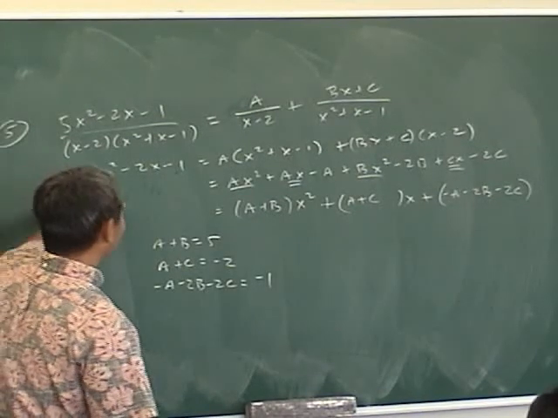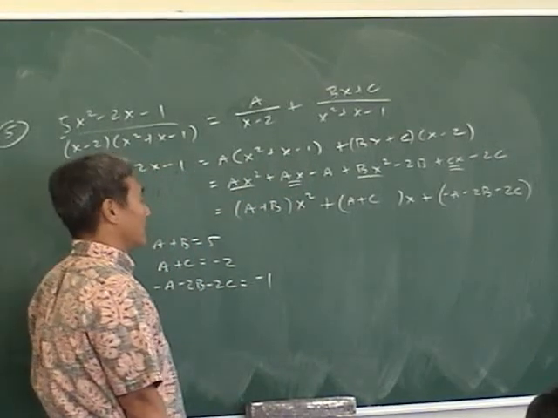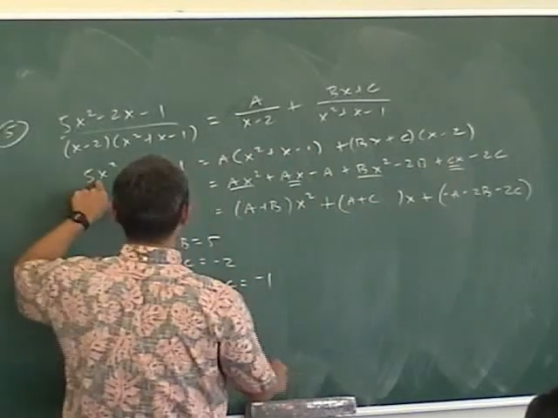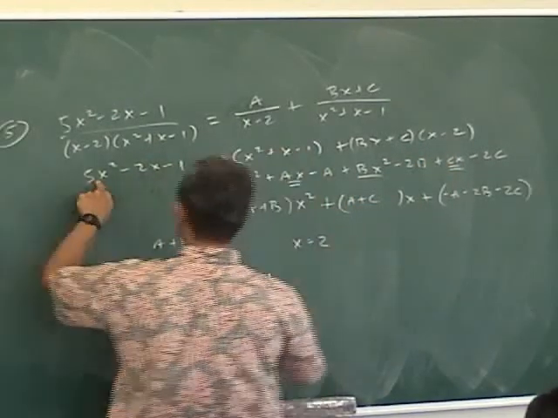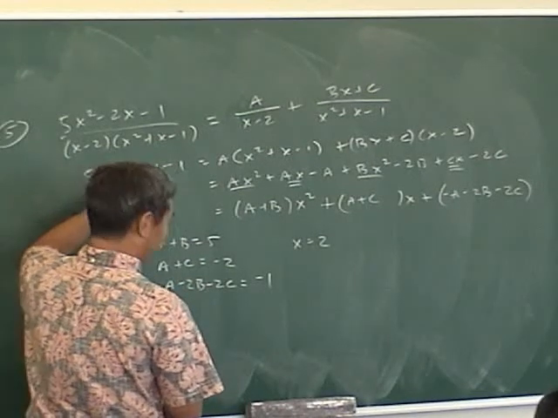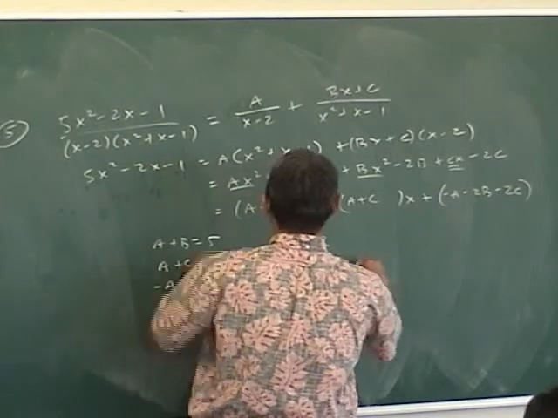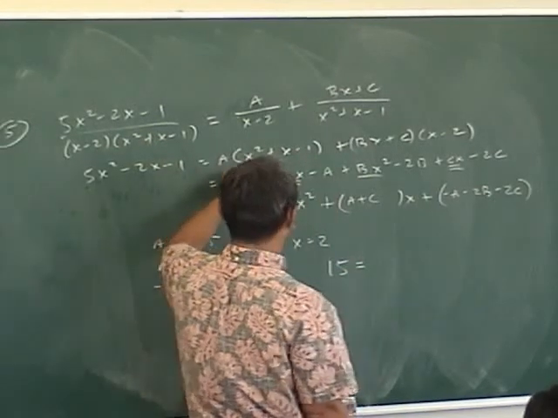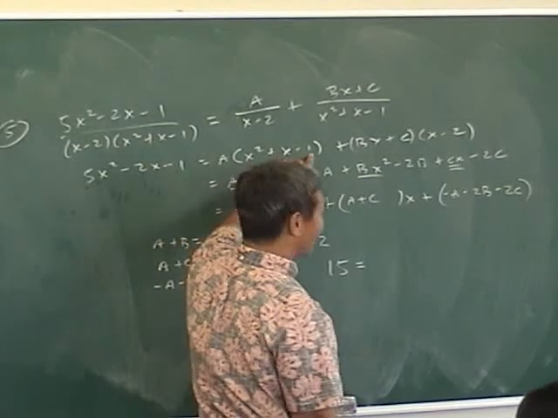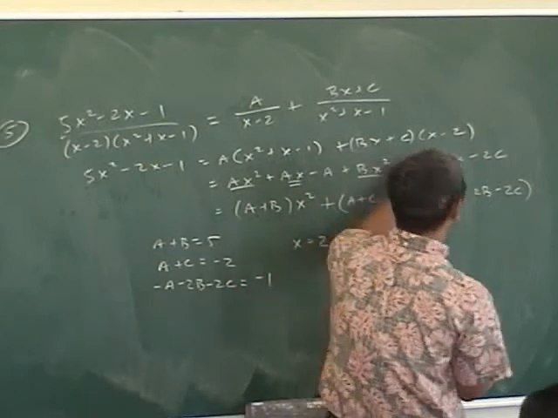Heaviside method. Okay, what's a good number to plug in for x in this equation here? 2, because it makes this thing 0 here. So if I plug in 2, go. If x is equal to 2, plug in 2. 20 minus 4 minus 1, which is 15. That equals, plug in 2 here. 4 plus 2 minus 1. 5a plus 0.